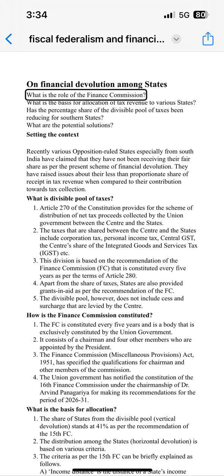Right? Number 2 is the population. The state which has more population will be given more tax revenue in order to meet the requirements of the population over there. Number 3, forest and ecology.